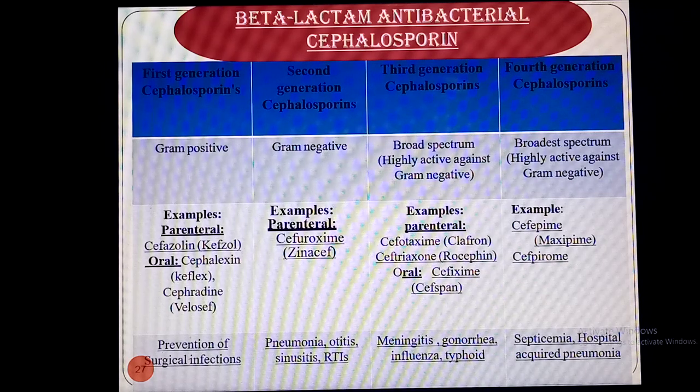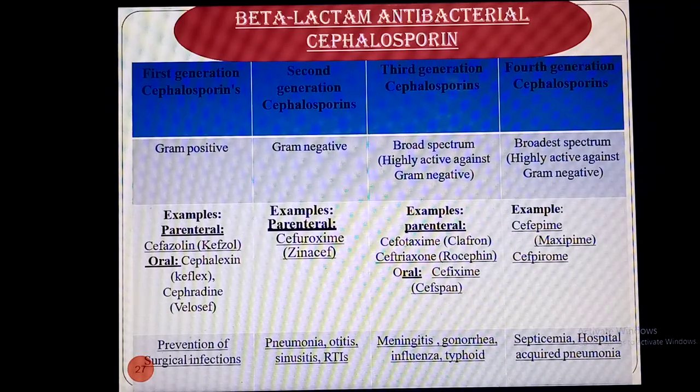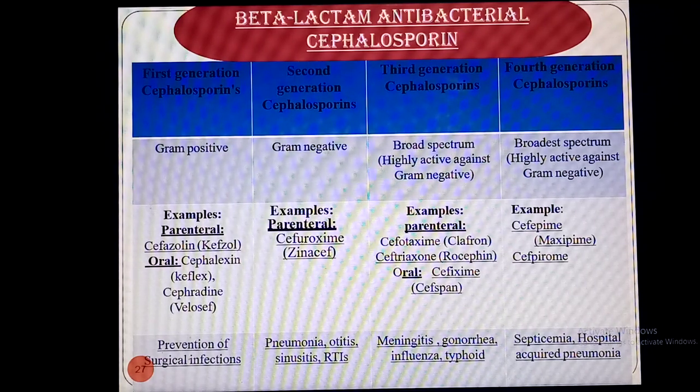The fourth generation possesses a strong bactericidal activity compared to the third, and the third generation is more active against gram negative bacteria compared to the second generation cephalosporin, while the second generation is also more active against gram negative bacteria compared to the first generation, which is only active against gram positive.